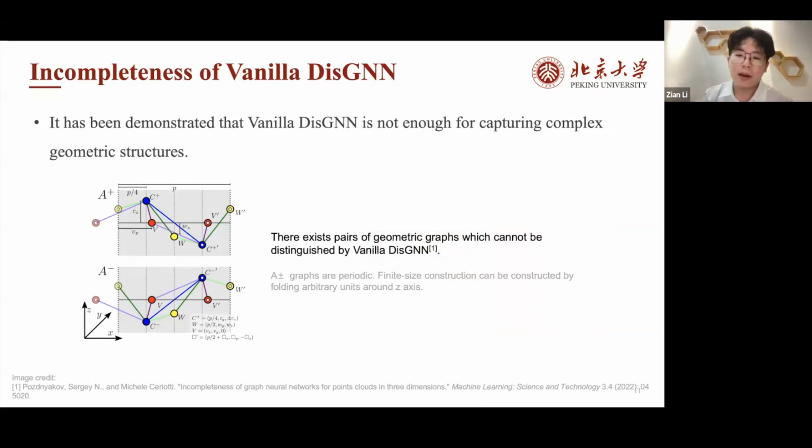They constructed pairs of geometric graphs that are different, not the same under E3 transformation, but cannot be distinguished by vanilla DisGNN. So we can see vanilla DisGNN has some inherent limitation.